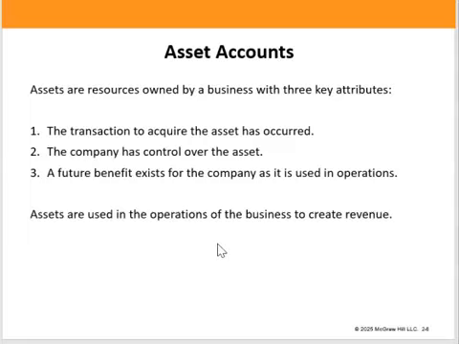The company has control over the asset and there's future benefit in that item. So we're going to have that truck for a very long time. And another key attribute is that assets are used in the organization in order to create revenue. So we need that truck in order to plow the driveway or to deliver that mail.